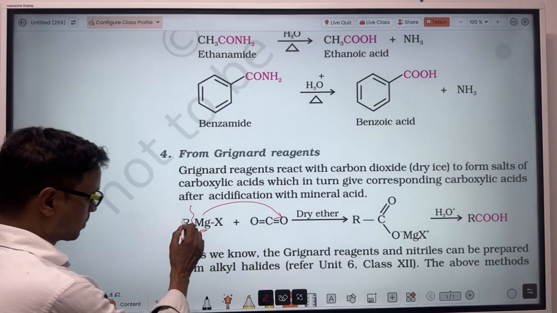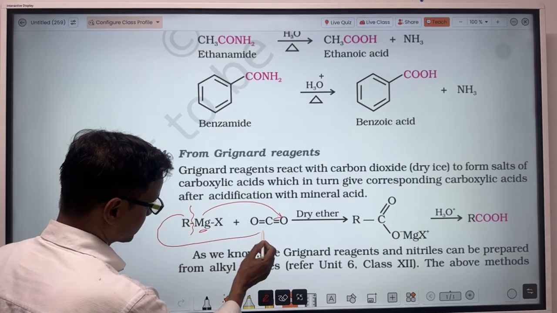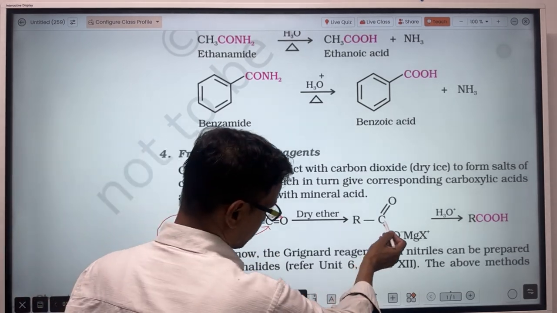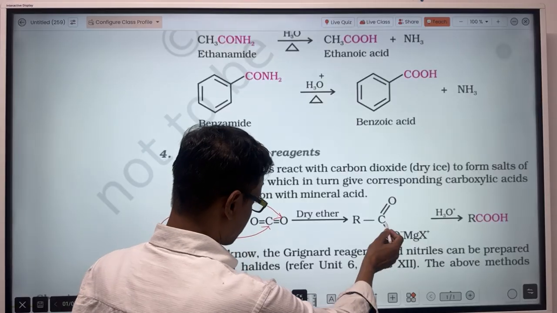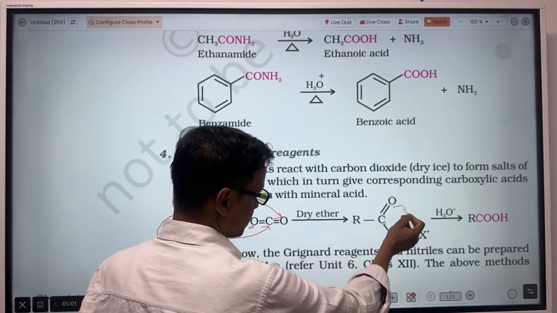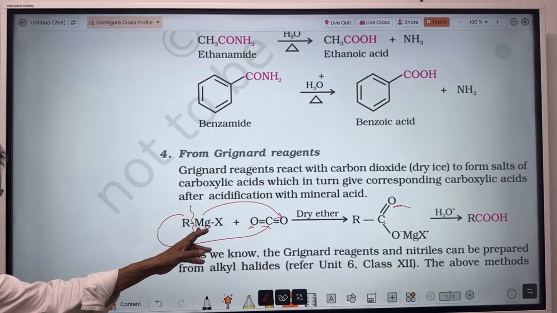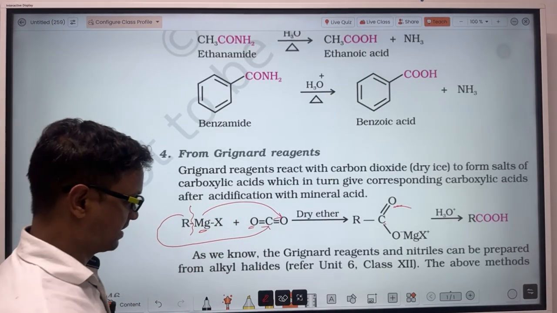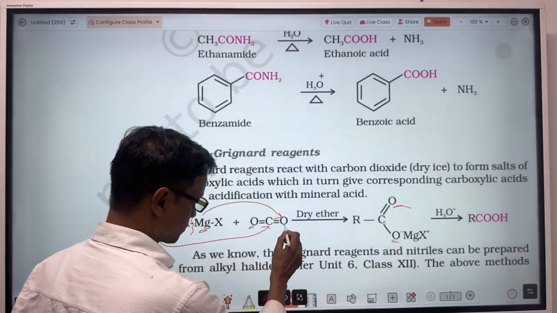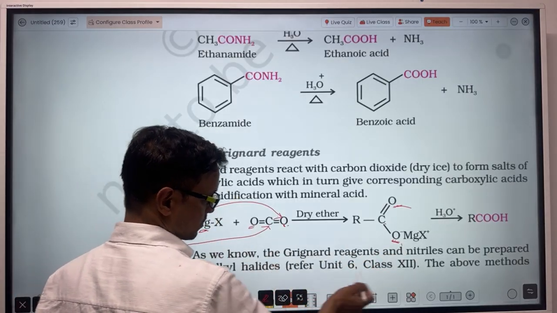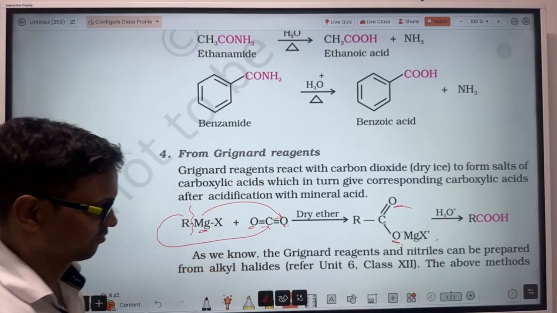So the alkyl group will bond to this carbon atom and magnesium bonded here. This is the oxygen to which the magnesium has been bonded.